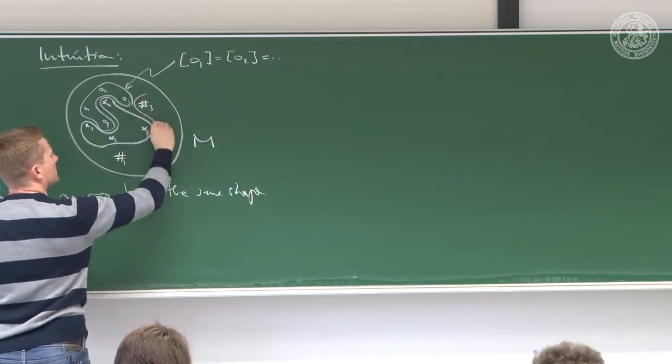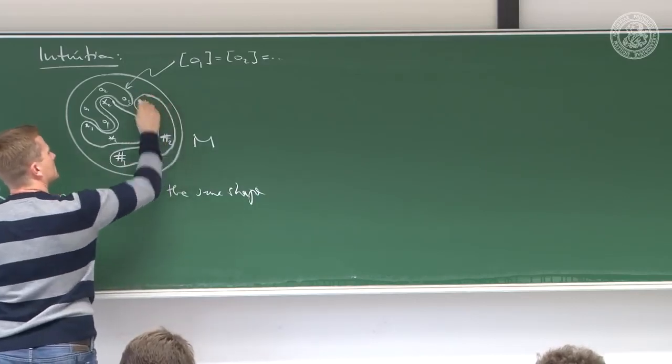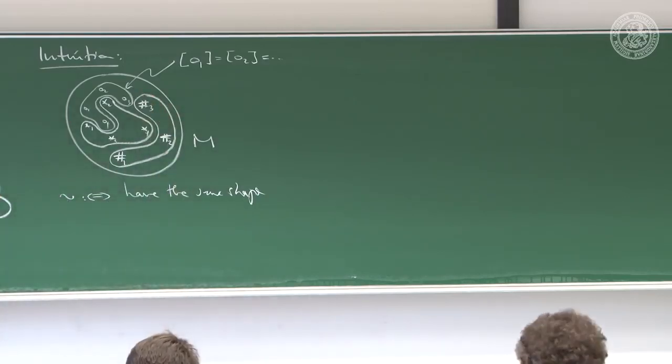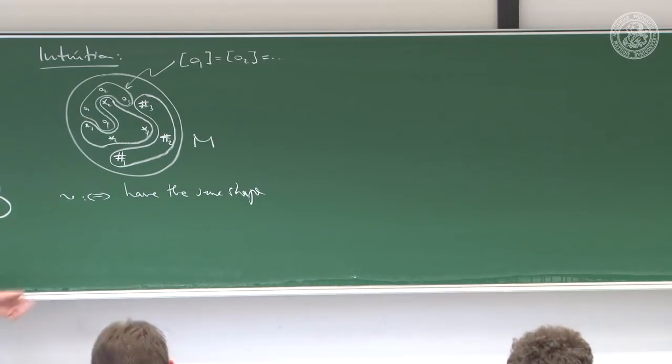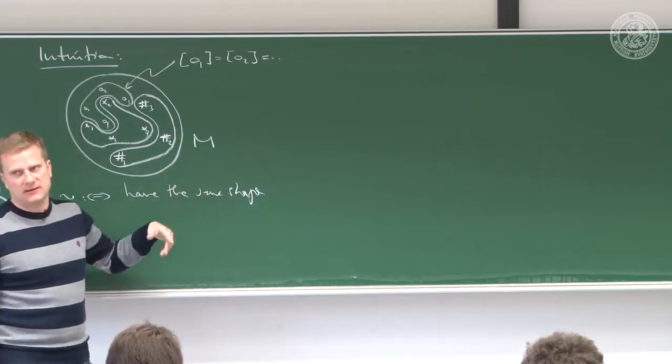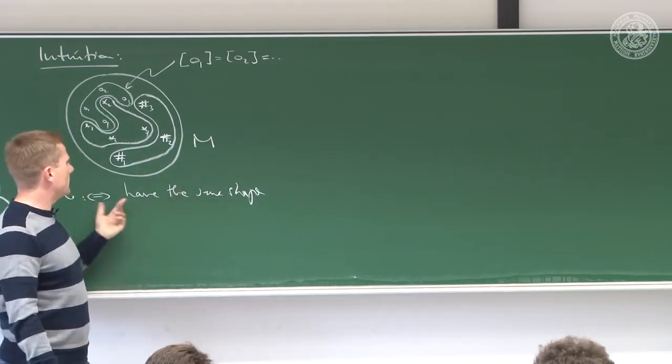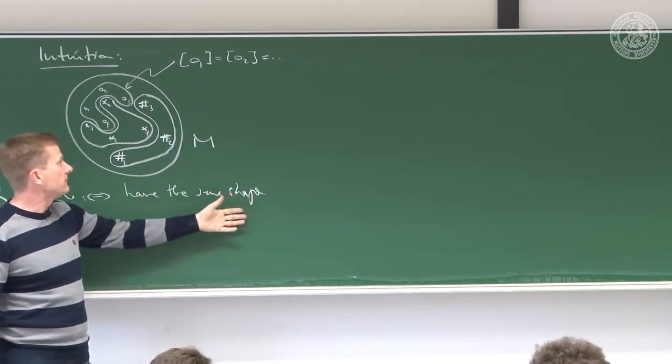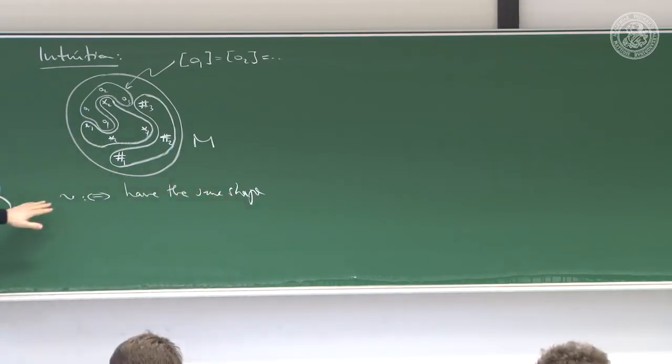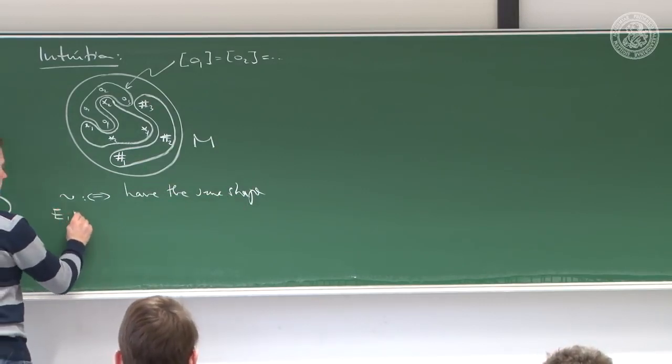And the third equivalence class, and those are all, is this set. And having the same shape is reflexive, everything has the same shape as itself, it's symmetric, and it's also transitive. And indeed you see, this is an equivalence relation.